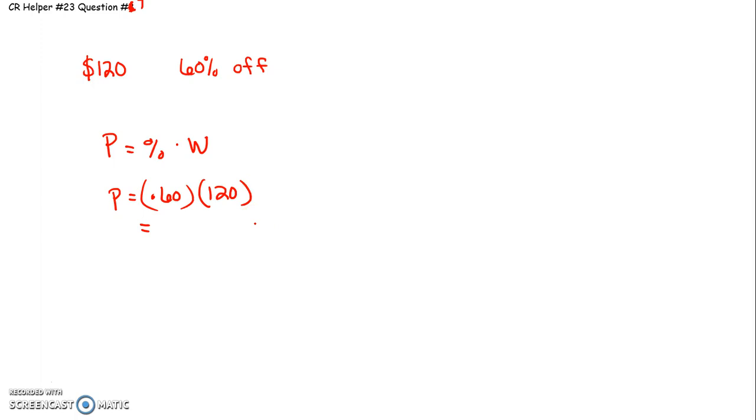So 0.6 times 120 is 72. And so now I would take my original, subtract off my discount, so 120 minus 72, we come up with $48.